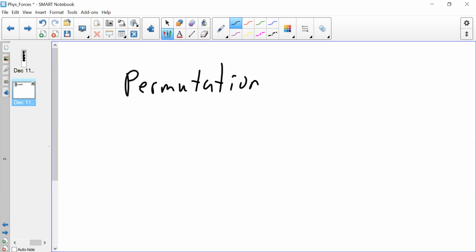So just briefly, permutations. It's basically taking a set of data and making different arrangements of the data, technically not combinations. Permutations are different arrangements that do repeat, but then the combinations will be those arrangements that don't repeat.